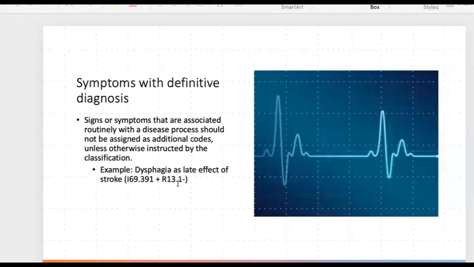I did not complete the code here because when you go to the code R13.1, you see this hyphen saying that you need the fifth character to complete the code. There are different types of dysphagia, guys. It can be oral, meaning the patient has problems with oral swallowing. There is also a dysphagia that's deeper in the patient's esophagus.